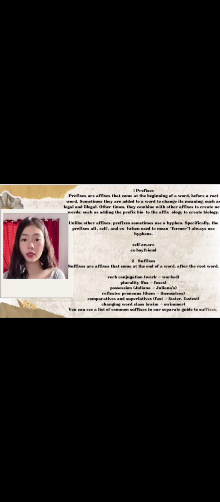Unlike prefixes that change a word's meaning, suffixes are mainly used for grammar purposes. So, example of suffixes in verb conjugation: work, and you add ed to the work, it becomes worked. Other example of suffixes in plurality: fox to foxes.